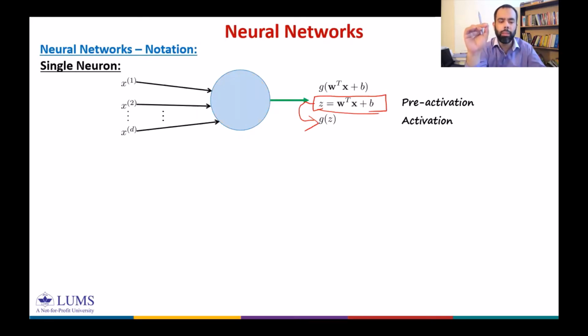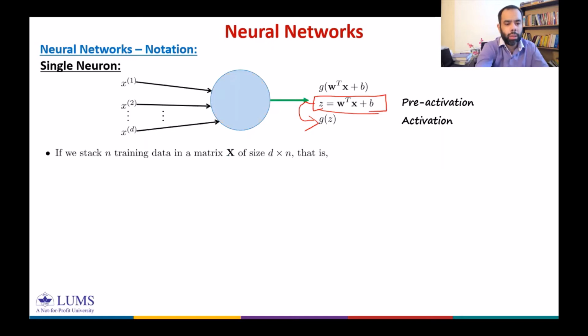So this is the output for one input. If we have a number of training data points, let's say n data points, and we stack all of these n data points in the form of a matrix X, where each input is of size D, the number of features being D, the size of X would be D cross n.